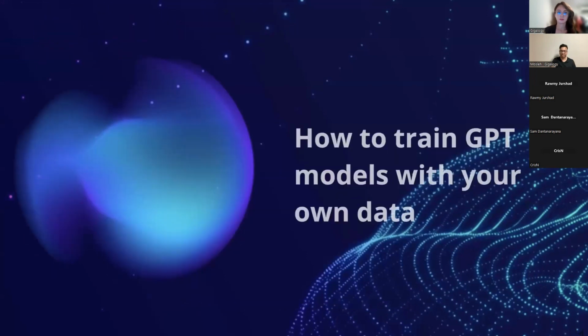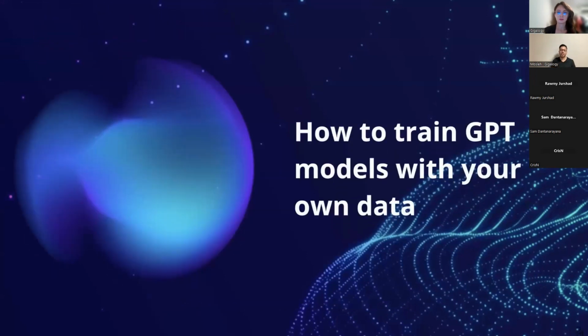Okay, great. So now that we saw some of the use cases of ChatGPT, it would be much nicer to see how we can use our own data to train and build an application with the GPT techniques or GPT models.